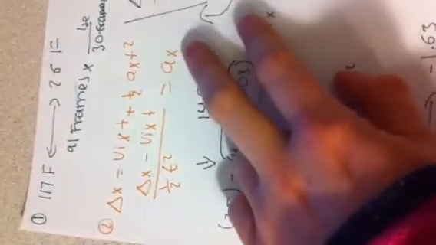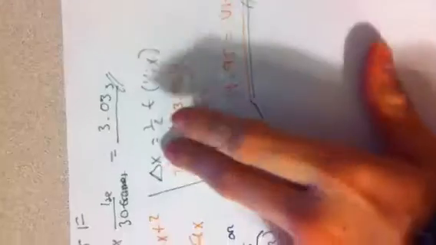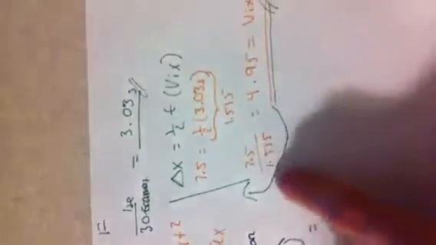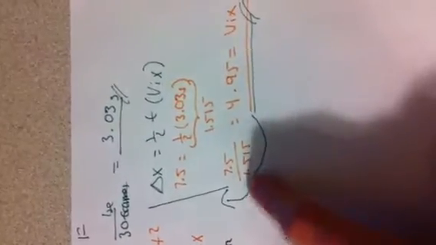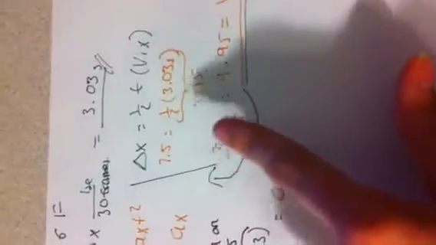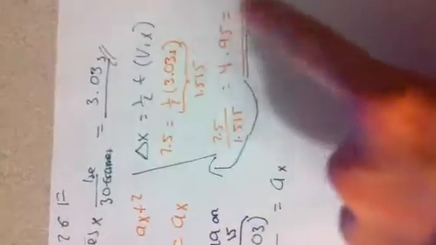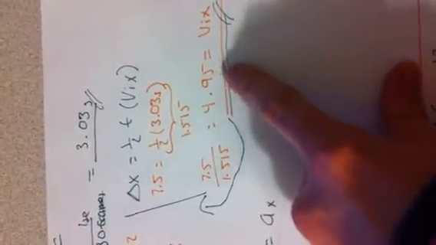Then I had to use the same equation to find my acceleration. But first, I have to find my v initial x. So I used the same thing I did with the car. Plugged in everything I knew. 7.5 meters is the distance of how far he went. We know our seconds, so we just solved for v initial x, which I got as 4.95.